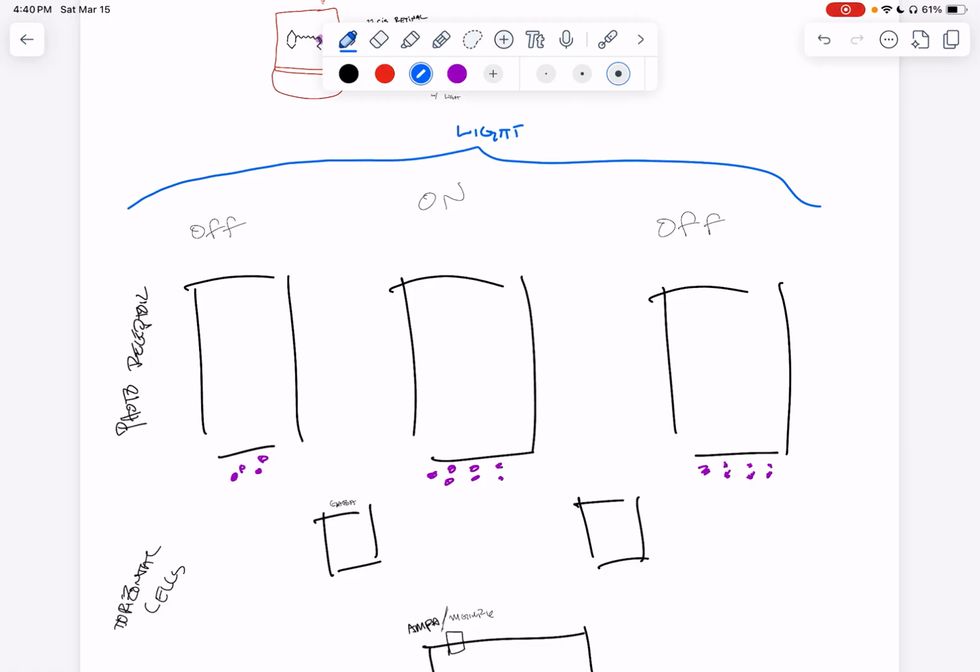So the center will contribute about 80% of the overall action potential response of a photoreceptor field, and the surrounds will each contribute 20%.